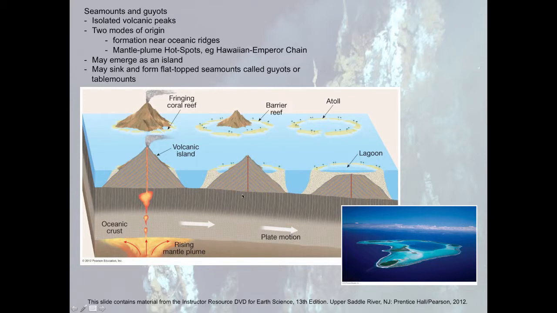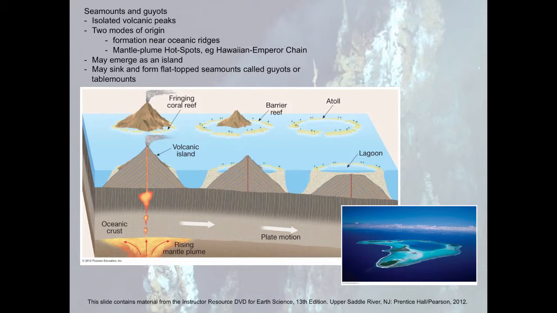So seamounts and guyots and atolls are all part of the same type of system, where oceanic crust is perforated by rising mantle plumes, and either volcanic islands can form if the volcanism extrudes above the surface, or seamounts that are below the surface can exist.